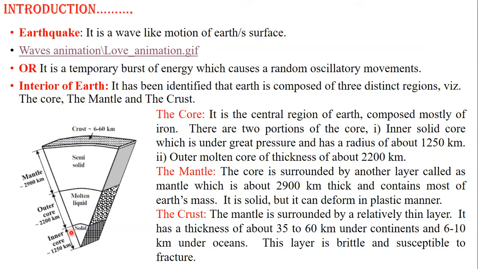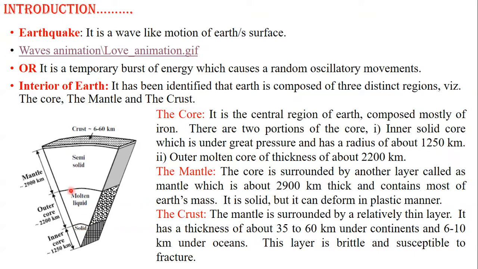This portion is under tremendous pressure, and it is obvious, it is far below the surface of the earth, and hence a tremendous pressure is acting on this portion of earth. Its radius is about 1250 kilometers.